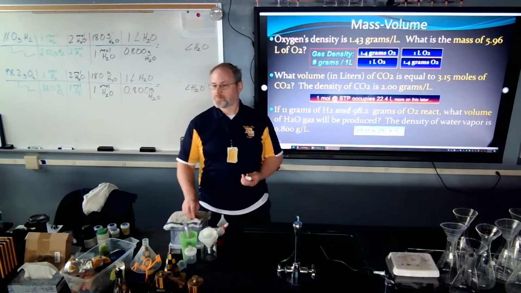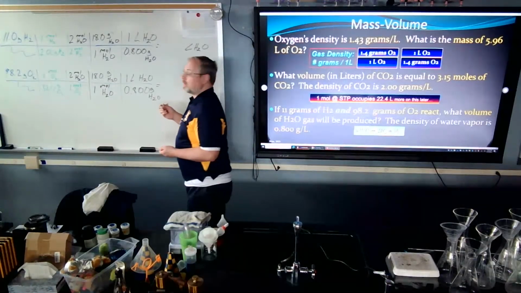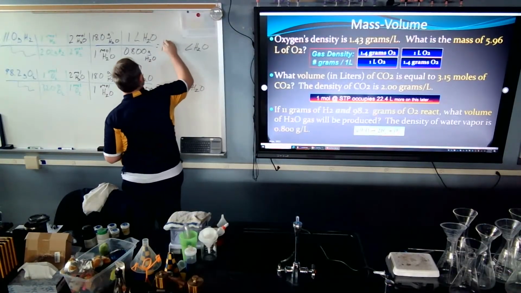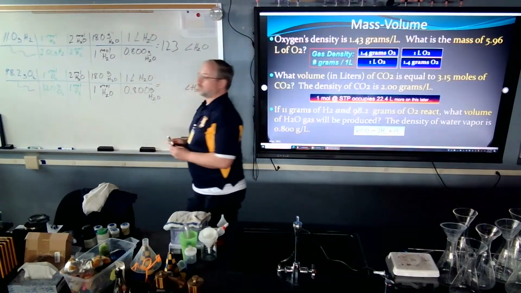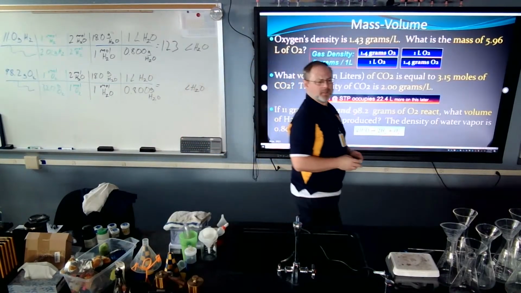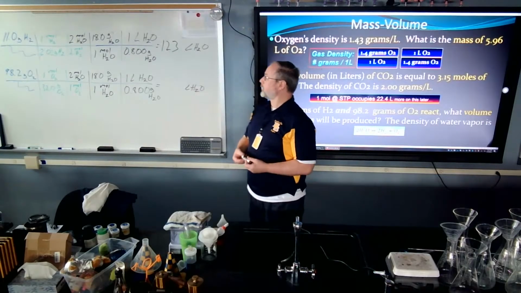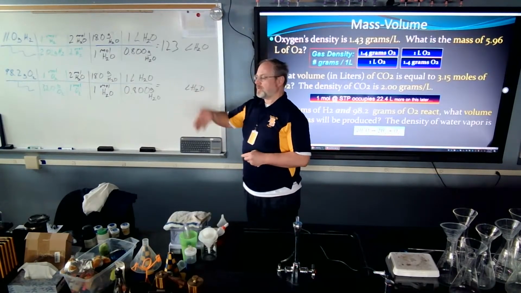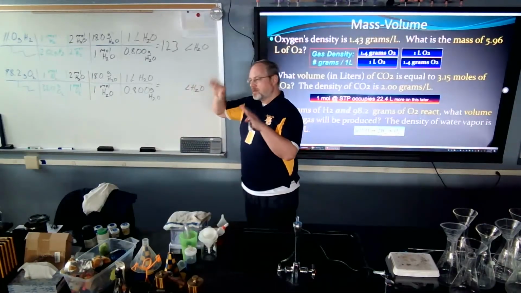122. I got 126. 122 for hydrogen. So most people got 123 or 122? 123 liters of H2O? What did I do wrong? What's 11 times 2 times 18? Just let your calculator do it. 11 times 2 times 18 divided by open parentheses, 2 times 2 times 0.8, close parentheses.